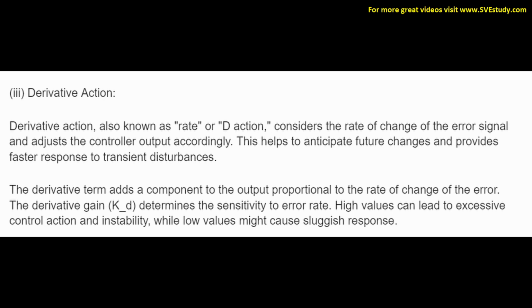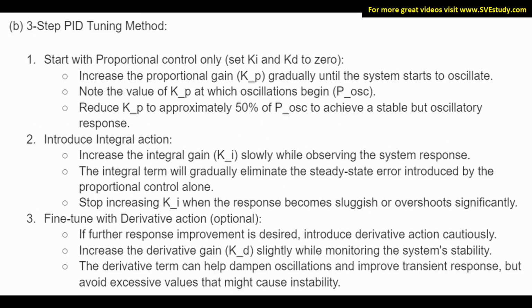The derivative term adds a component to the output proportional to the rate of change of the error. The derivative gain, Kd, determines the sensitivity to error rate. High values can lead to excessive control action and instability, while low values might cause sluggish response.